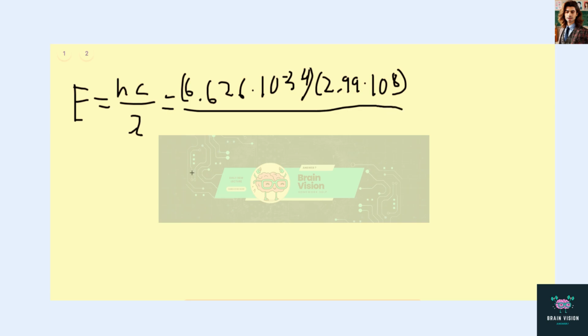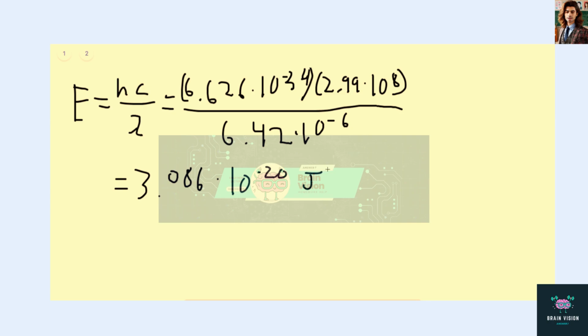And we divide that by our wavelength, which is 6.42 times 10 to the minus 6th meters. And that gives us the energy of a single photon to be 3.086 times 10 to the minus 20th joules per photon.